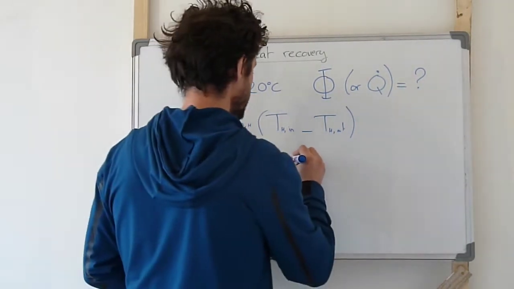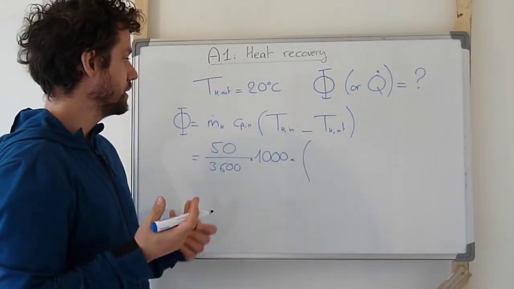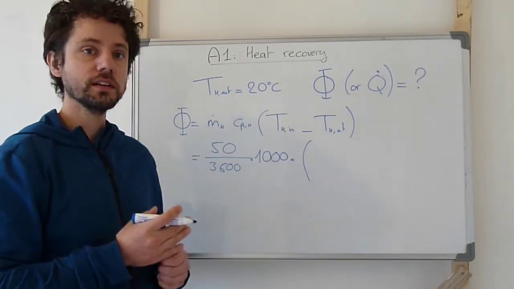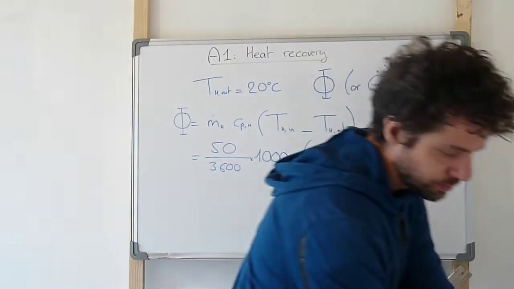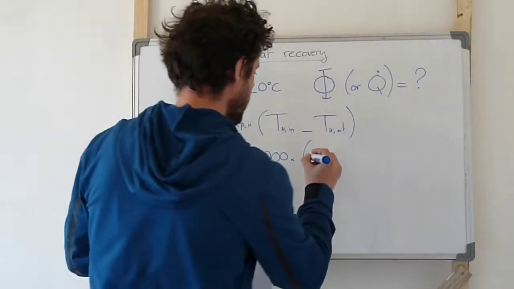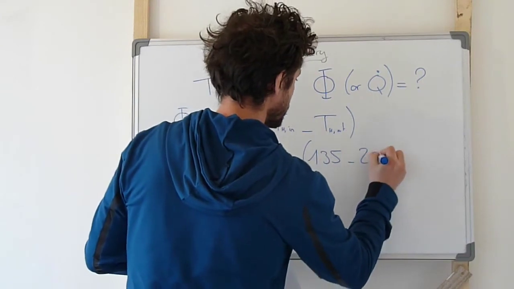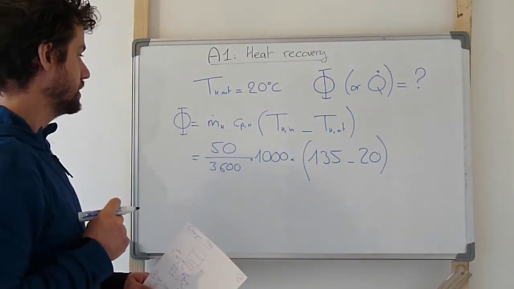And then for the temperature variations, you can keep degrees Celsius because you look for a temperature difference and not for an absolute temperature. The inlet temperature here is 135 degrees, and we want to reach 20 degrees for the outlet temperature.